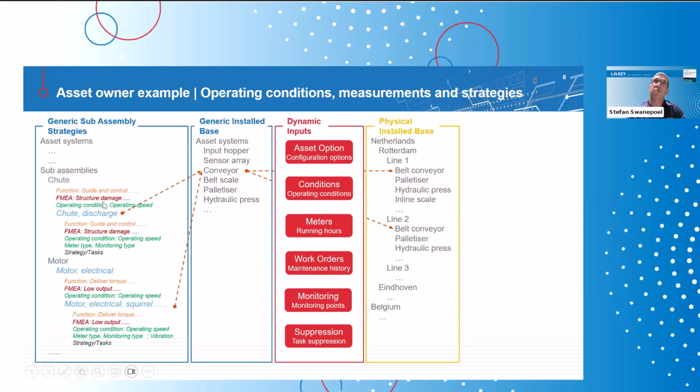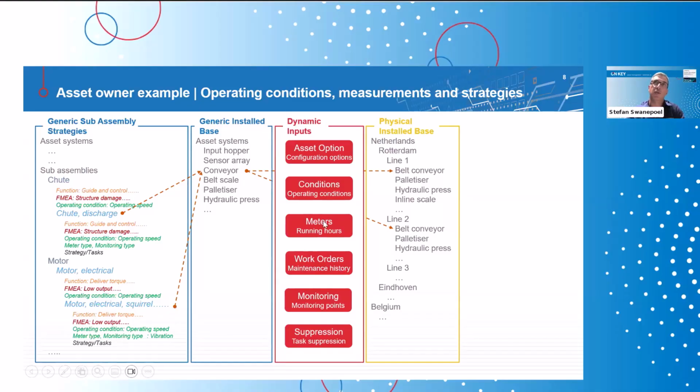Provide for the options here on the types on the generic sub-assembly side. And then when you go to the actual deployment of the asset, you choose which condition applies. And then it adjusts your maintenance tactics accordingly. So all of these things make it much easier for you to adjust maintenance tactics for specific assets without having to do a lot of reconfiguration.